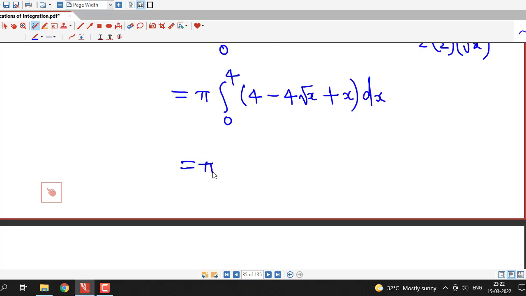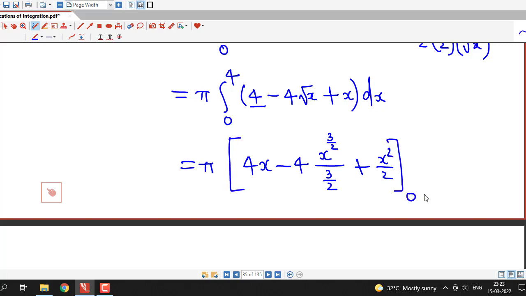Now we integrate with respect to x. The integral of 4 with respect to x is 4x, minus 4 times the integral of square root of x, which is x raised to 1 by 2 plus 1, that is 3 by 2, divided by 3 by 2, plus x square divided by 2.